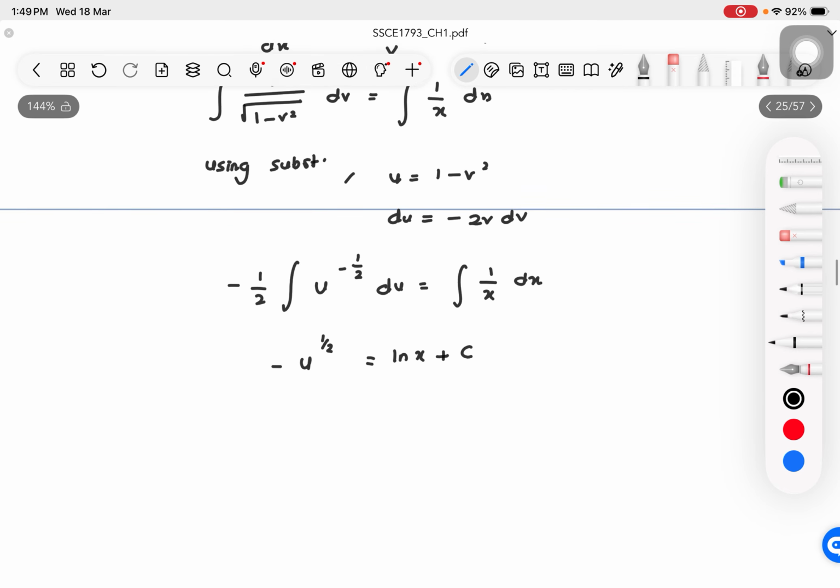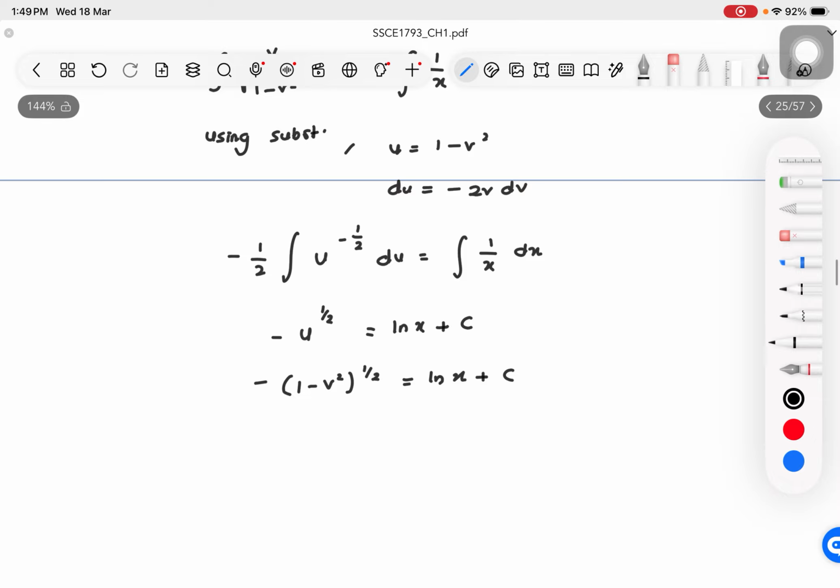Okay, so now you cannot leave your answer like this. You substitute back what is your u. So our u is this one, but then there's v. So substitute v is equal to y over x. Okay, this one substitute back.